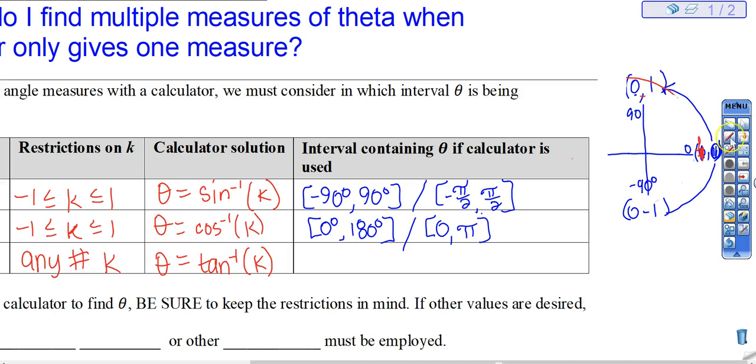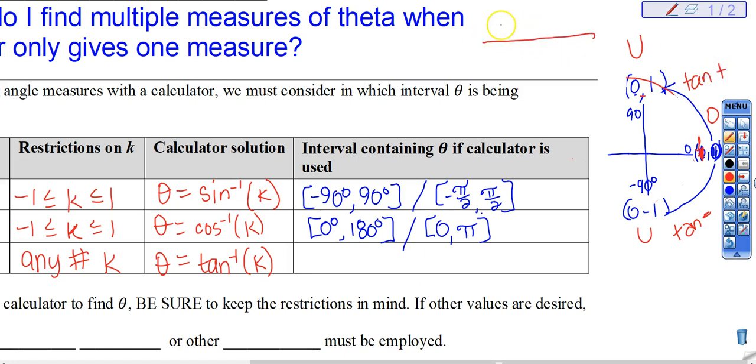So in this case, up here, we'd have 1 divided by 0, which is undefined. And then if we go 0 divided by 1, we get 0. And down here, we have negative 1 divided by 0, which is undefined. But down here, tangent is negative, right? And up here, tangent is positive.